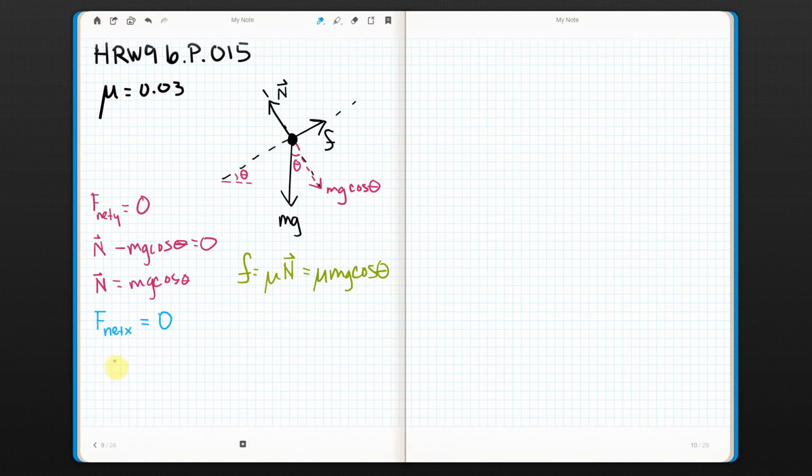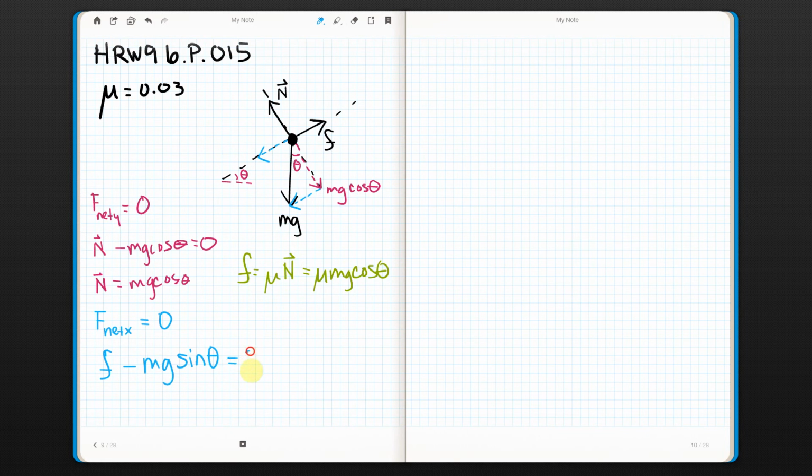So this one I've got friction up the slope. So that's friction. And then down the slope, I've got the piece of gravity that is that direction. That's the same as right here, which is opposite the angle. So this is going to be the hypotenuse and then sine theta.